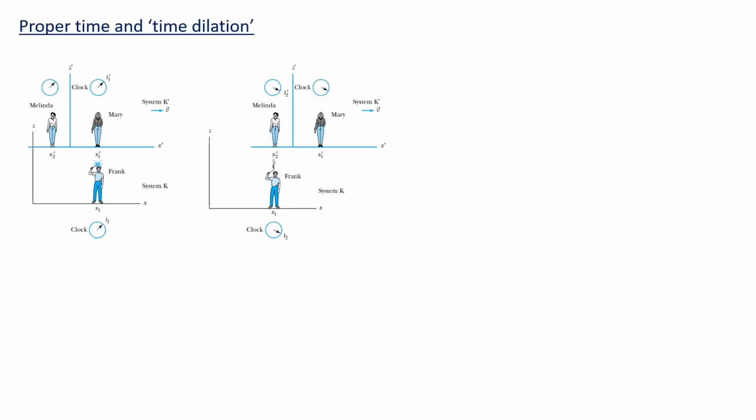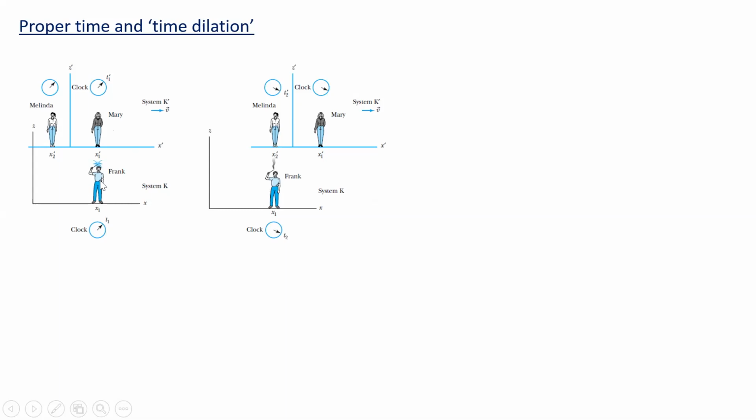So we start off with an effect called time dilation, and here are two reference frames, a system K, which is here with Frank in it, and a system K prime with our character Mary, and system K prime is moving to the right with respect to system K with a velocity v.